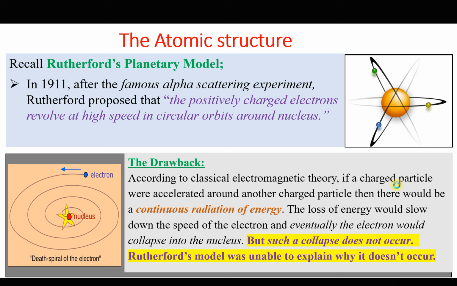The electrons do not collapse into the nucleus, which means we have stable atoms around us, or matter is made up of stable atoms. So Rutherford's model does not explain this stability of atoms. Rutherford's model was unable to explain why the collapse of electrons into the nucleus does not occur.